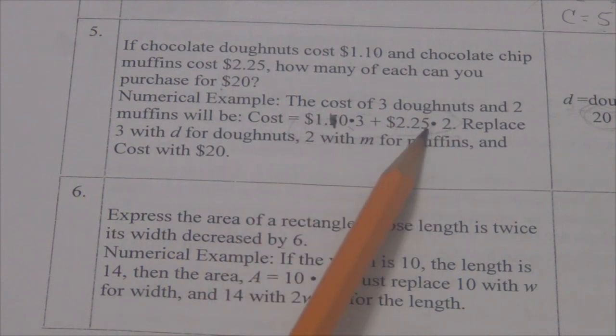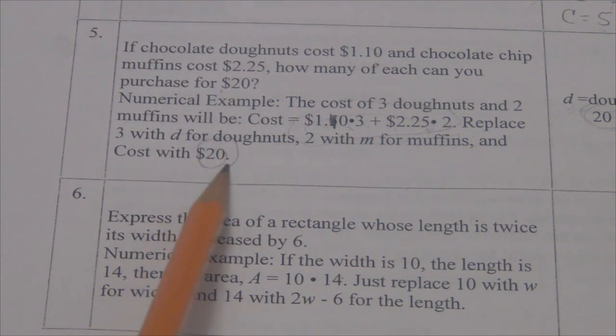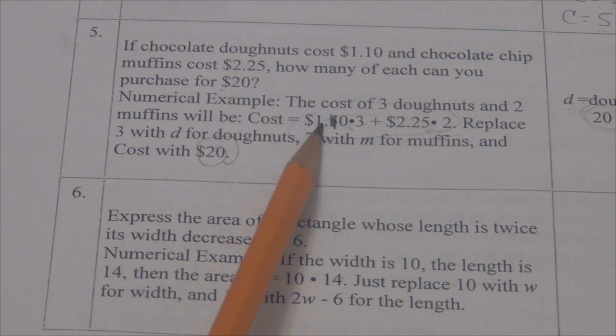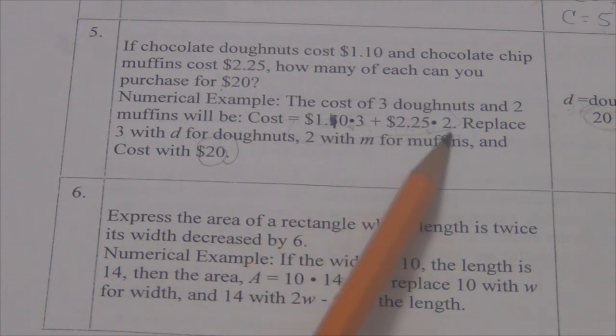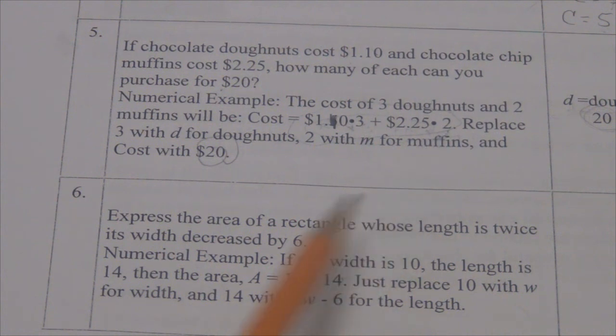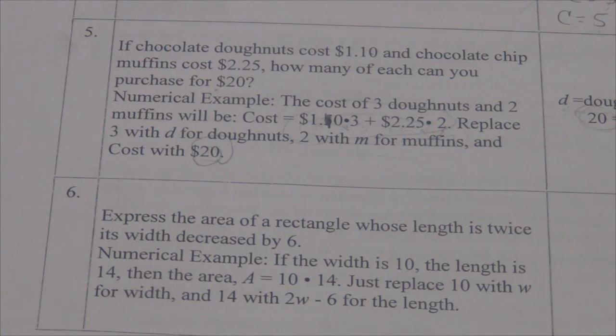Whatever this is, it cannot exceed the $20 that you have. So 3 donuts will cost you $3.30 and 2 muffins will cost you $5. So then you'll get some change back, right? Cool then.